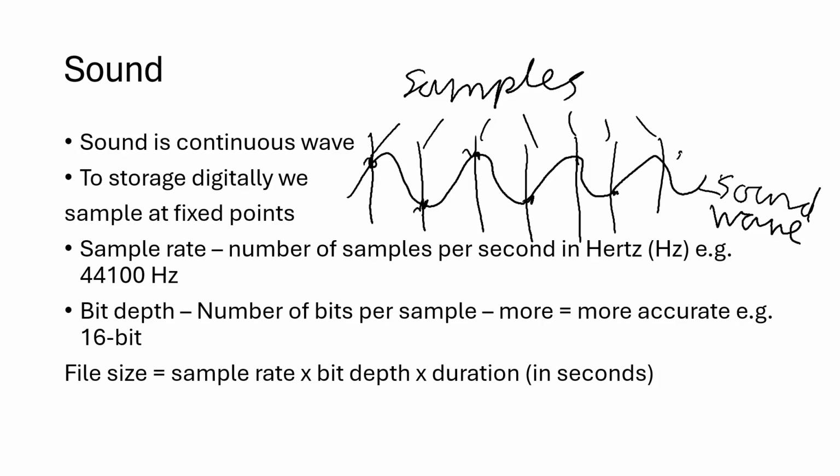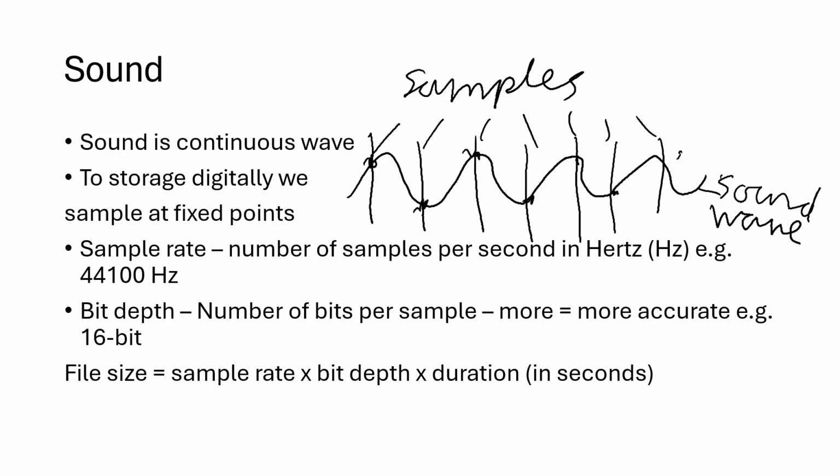So what we do with a computer is we sample sound. What we mean by that is we sample where the wave is at a singular point. Here we can see that the wave is down here currently, and the next one it's up here, and then it's down here, up here, and so on.